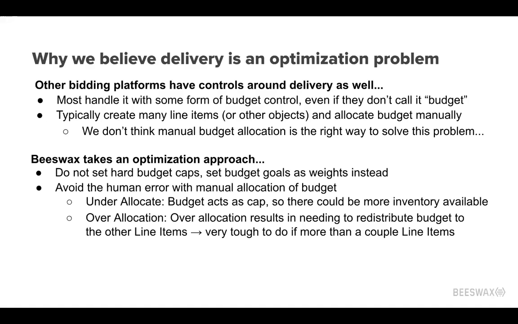In a simple example, we have 5 line items and one of them has been over allocated. Redistributing that over allocated amount in the right way is prone to human error, will be suboptimal, and gets very hard if there are many line items.